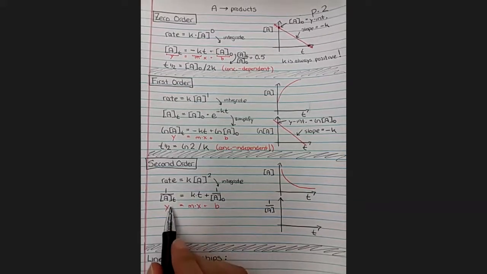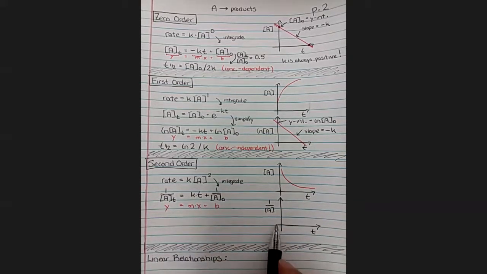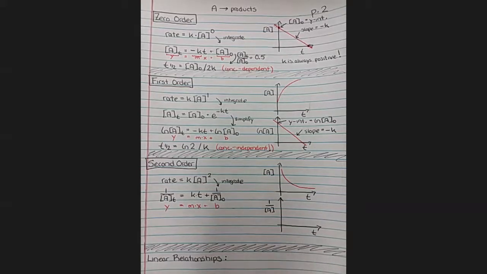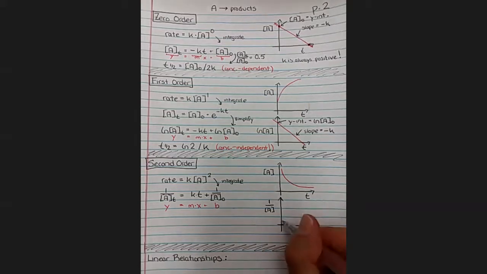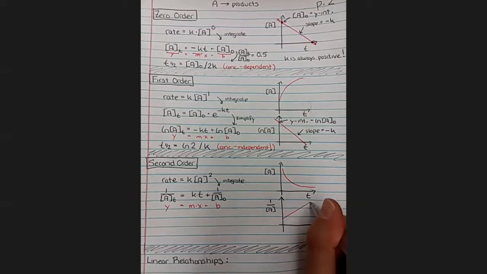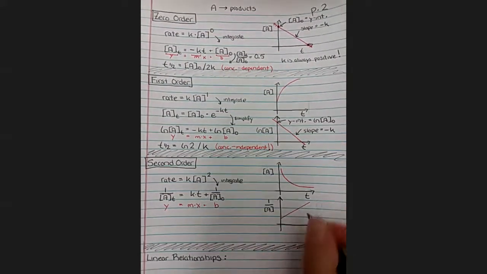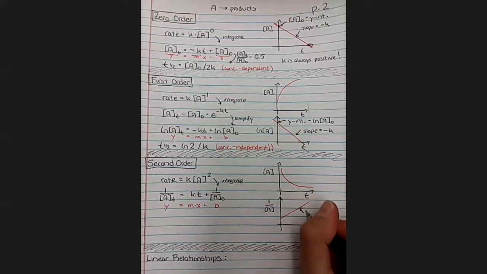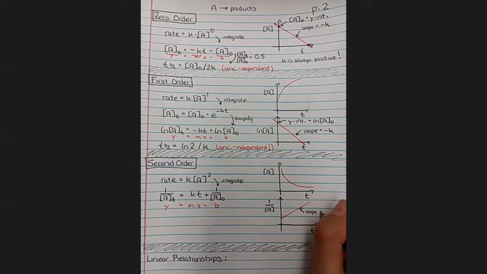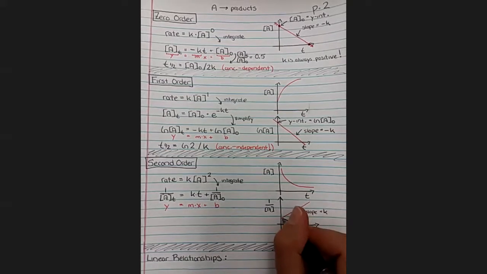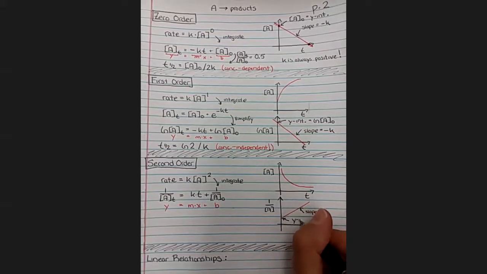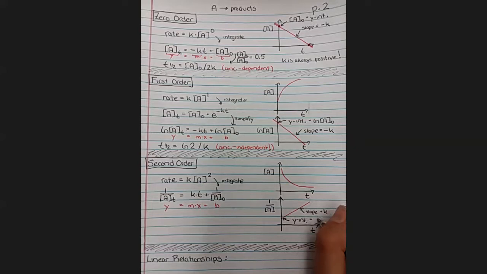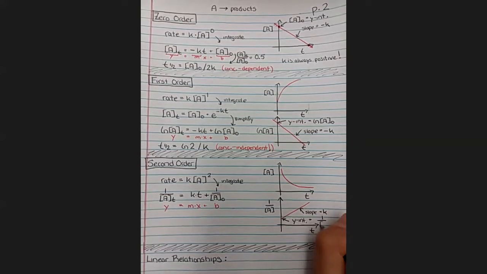So this is our linear relationship, and so we know we can find it by plotting 1 over the concentration versus t, and it's a positive slope. So we're going to have a positive slope in our line. And our slope is going to be equal to k. And our y-intercept this time is going to be equal to 1 over initial concentration.